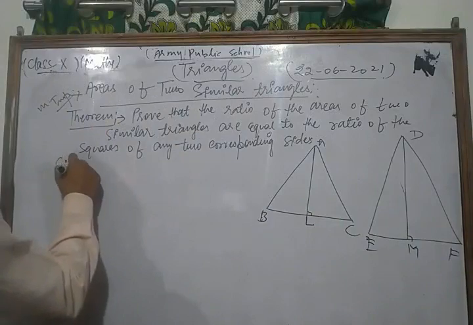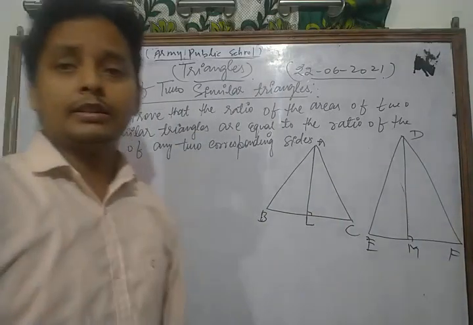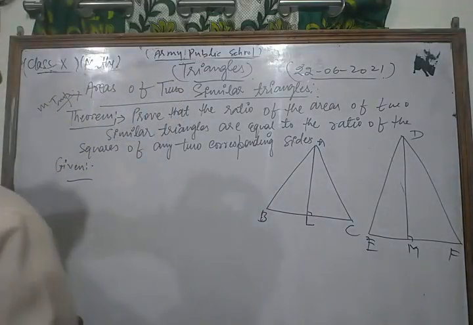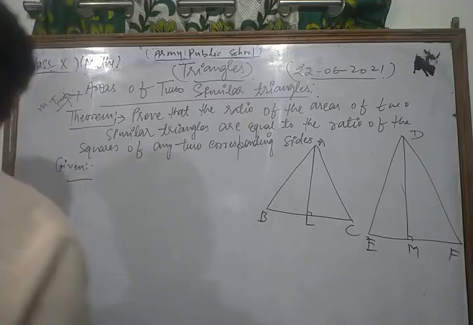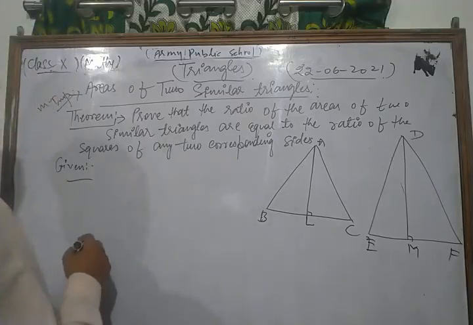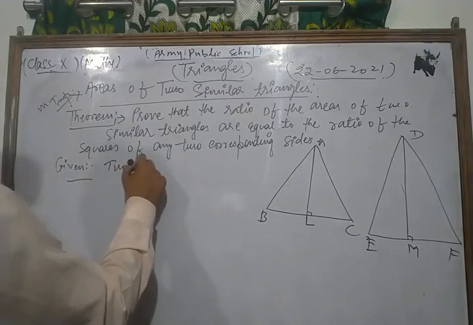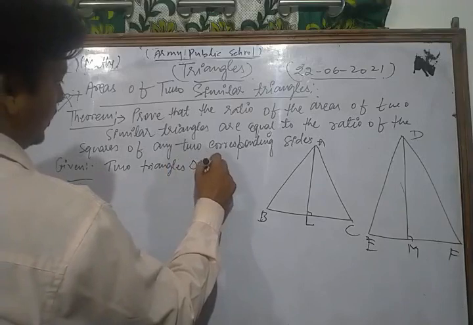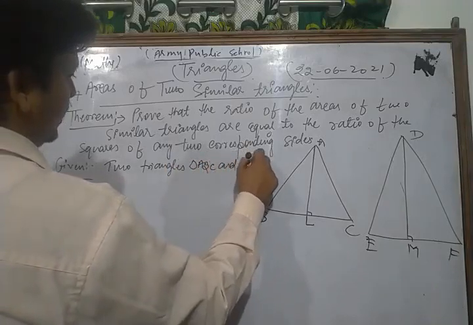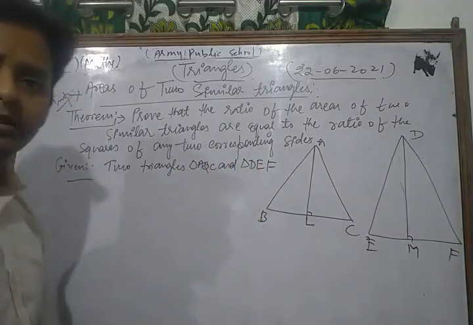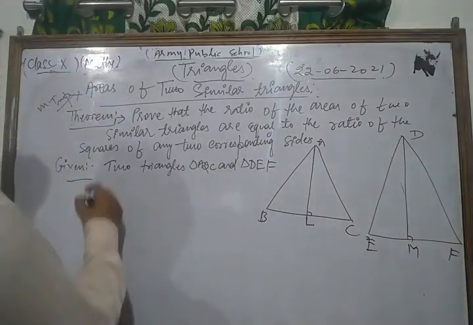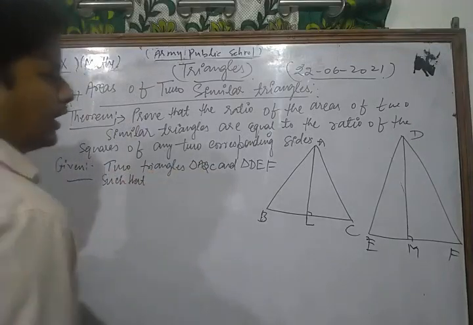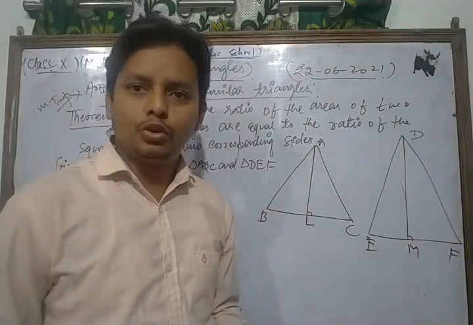So first of all, dear students, we write what is given in our theorem. It is given that two triangles ABC and DEF are such that both are similar to each other.